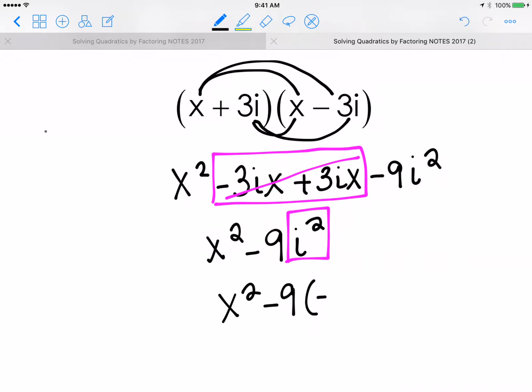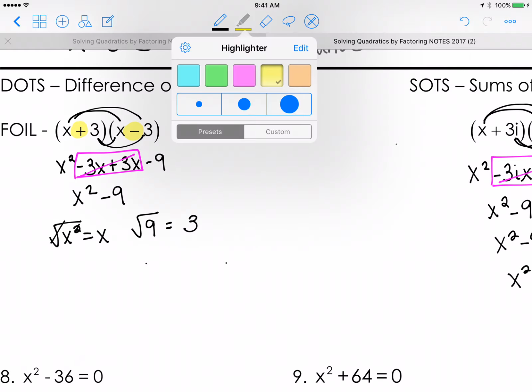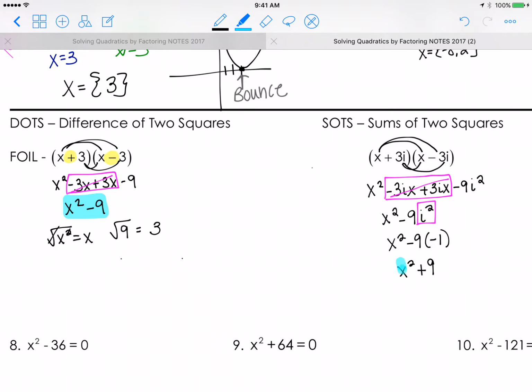So a negative 9 times a negative 1 just changes the sign of the 9. So here we have x squared plus 9, and over here we got x squared minus 9. It's the same, it's just one's positive and one's negative.